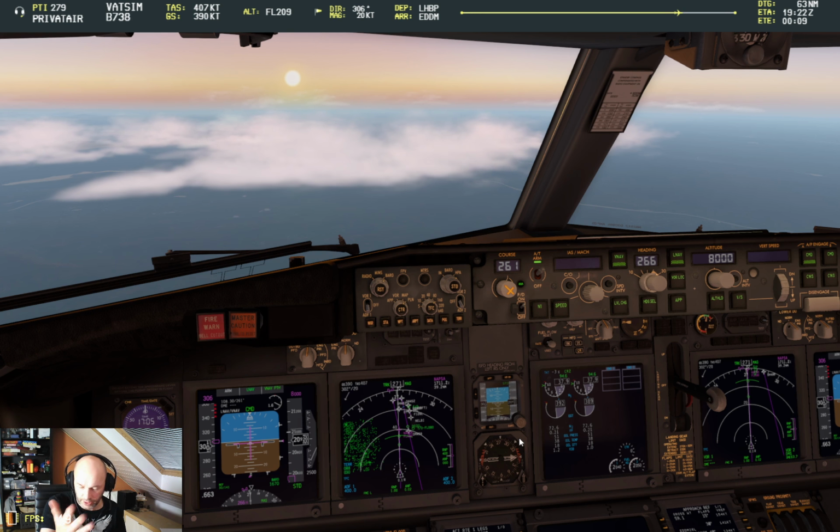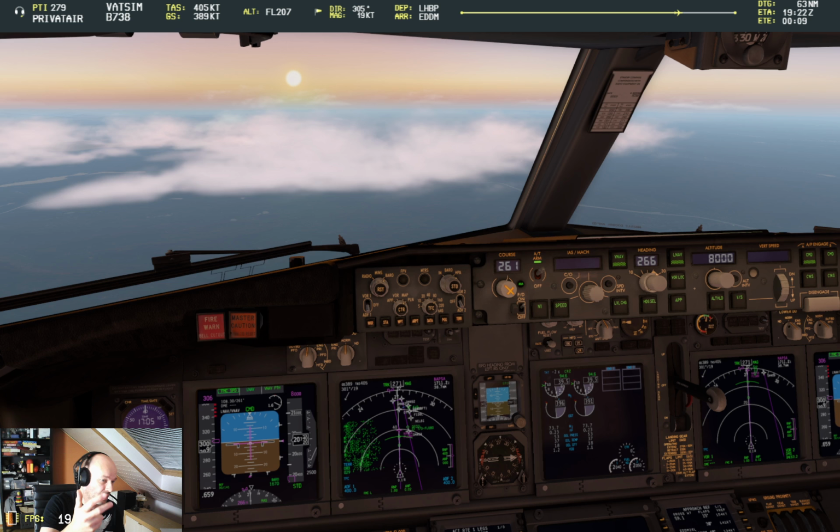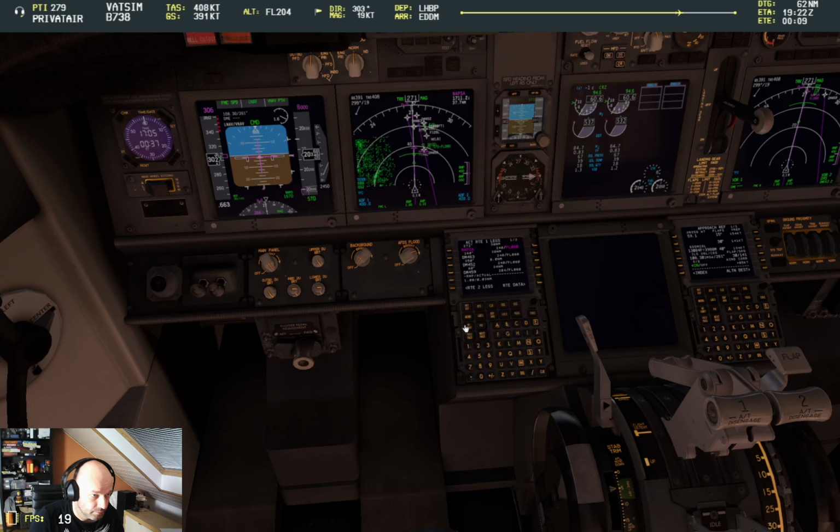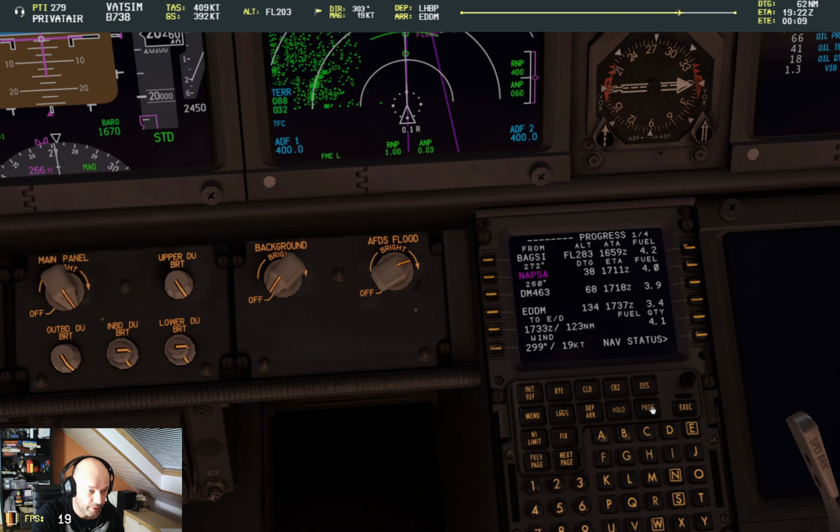Let's check our checklist. So weather is good, temps are good, performance is good, fuel, oh yeah, fuel we can check. We currently have 4.1 tons. We're expecting to land with about 3.4 tons.